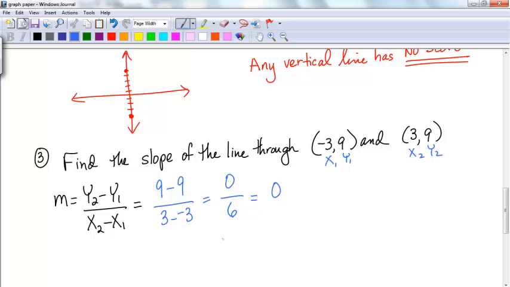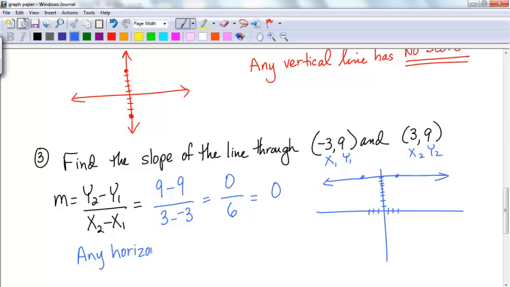0 divided by anything except 0 is 0. So this one is also a special case. If you graph this one, if you go -3 to the left and up 9, and if you go +3 to the right and up 9, okay, you're going to get a horizontal line. So any horizontal line is a special case. Any horizontal line has 0 slope.